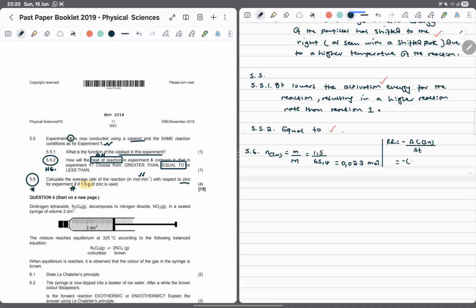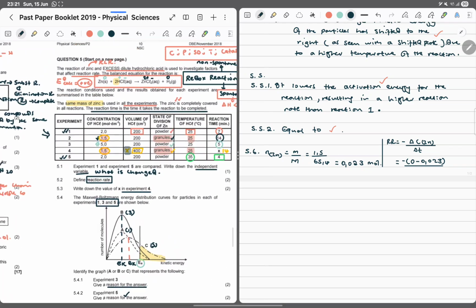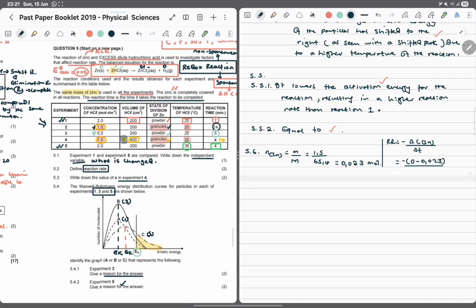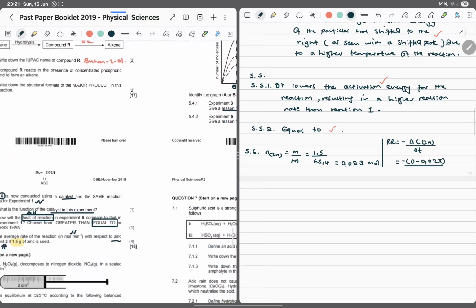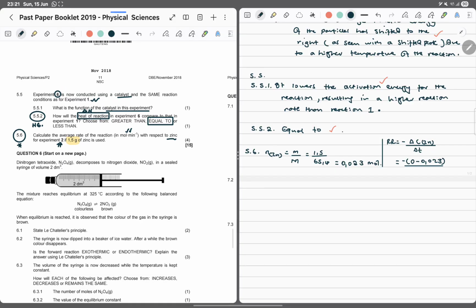This is going to be minus into the final is 0 because zinc gets used up completely, minus the initial, which is 0,023, all divided by the time that it took for this experiment 2, which was 14 minutes. So divide this by 14.